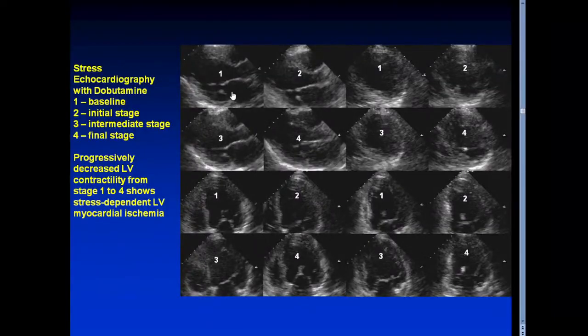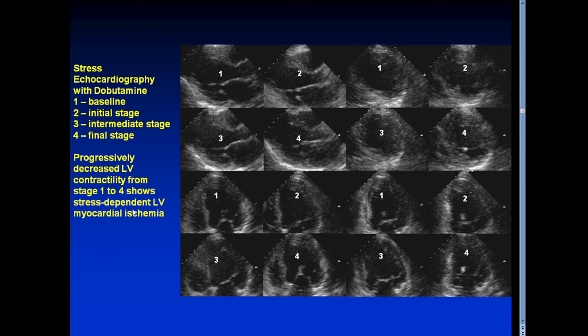And this picture, excuse me, unfortunately, the institution computer does not allow me to show you the movie of the ECG and these echo pictures.